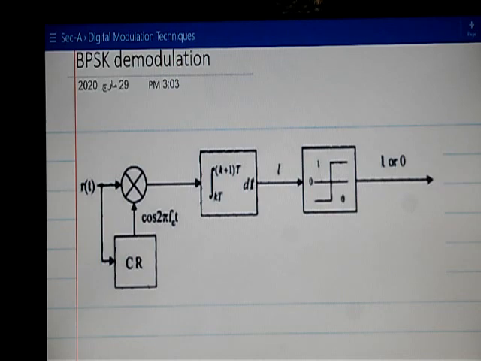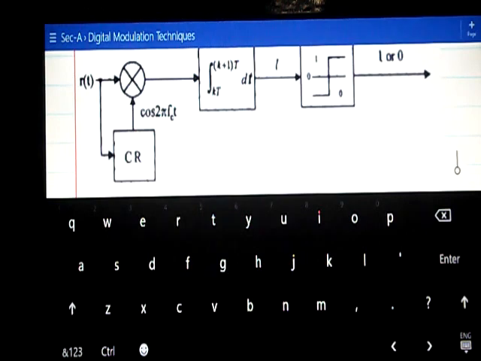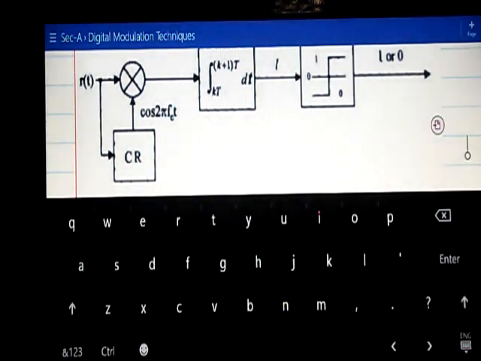Now in the absence of noise and other channel effects, if we assume the channel to be ideal and no noise, your R of t will be exactly the signal which is transmitted from the transmitting end, and that is S of t, which is the BPSK modulated signal we have seen previously. So essentially your R of t would look like this signal.